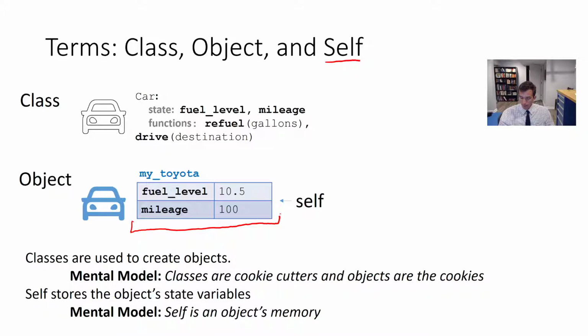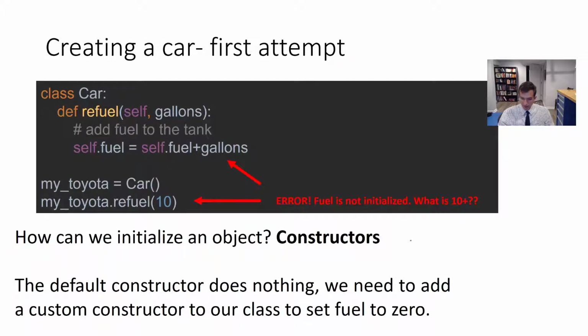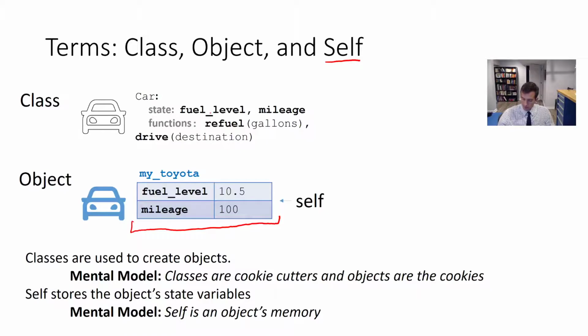And then what you can do is start to define things to store in that table, and that's the state. So self is this table here. It is the mind of the object, the memory of the object. If you have access to self, you can tweak all the neurons and everything.